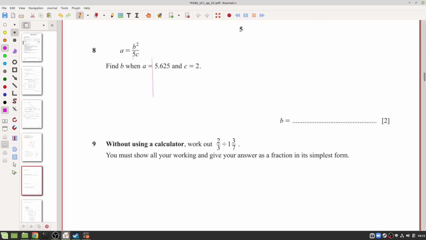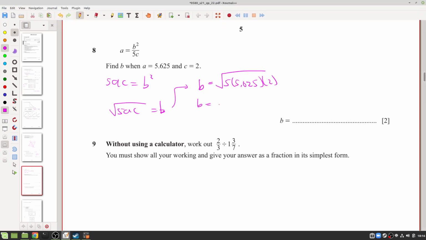Okay, find B when A is 625. Okay, so first let's get B by itself. So let's multiply both sides by 5c, which gives us 5ac equals b squared, and then take the square root of both sides. So the square root of 5ac equals b. And then we'll substitute our values in. So b equals the square root of 5 times a, 625, times c.